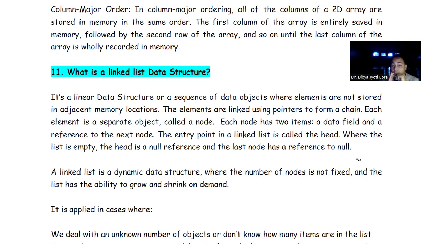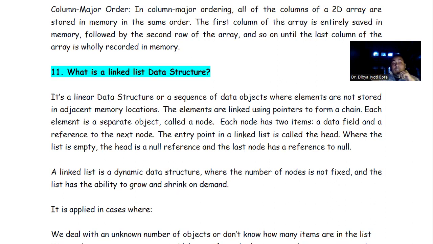So the basic points you have to remember: every object in a linked list is known as a node, and each node has two items, a data field and a reference field. The data field contains the data and the reference field contains the address of the next node, right? And the entry point of the linked list is known as head.